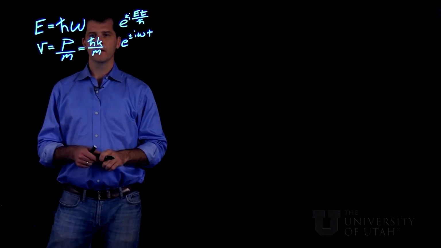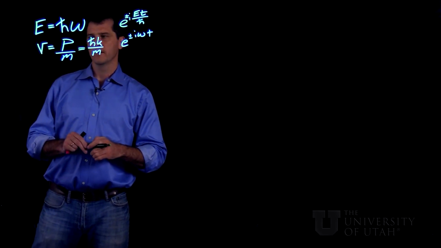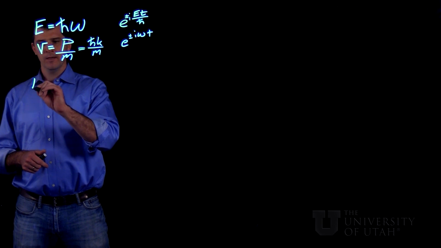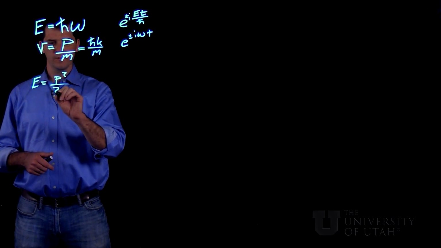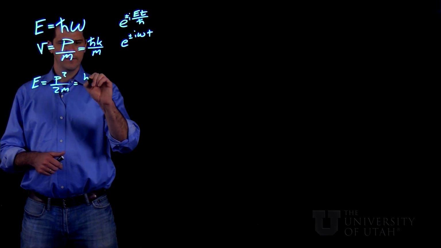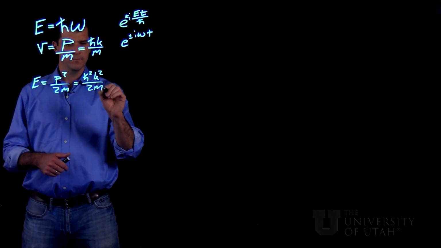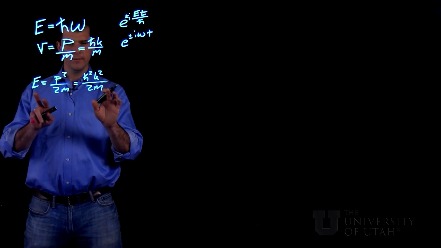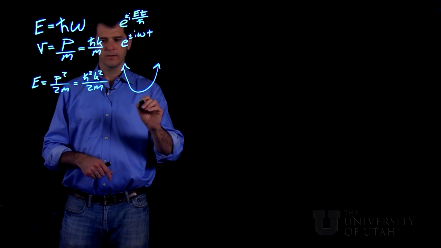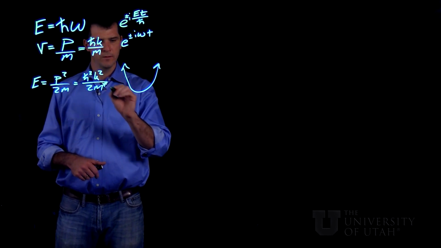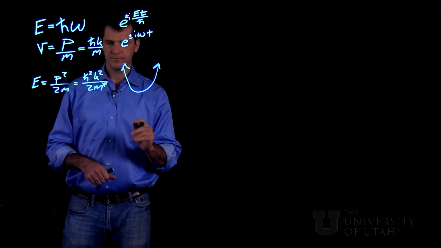So if we look at a free particle state for an electron, we're going to have the relationship that E equals p squared over 2m, which equals h bar squared k squared over 2m. And this describes the parabolas that we talked about a moment ago, especially if we introduce this effective mass.